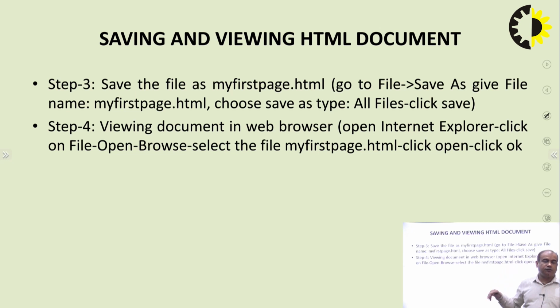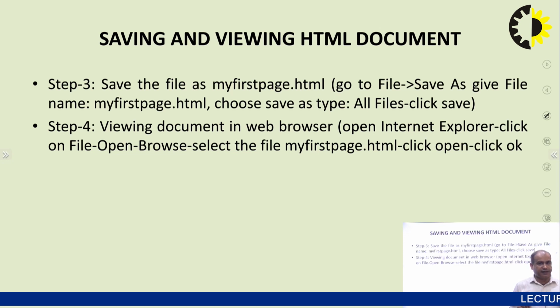Once the file is saved, an icon of the default browser, whatever we have set on the system, will be displayed at the location where you saved the file. Next, click on that icon created for the web page, right click and open it.